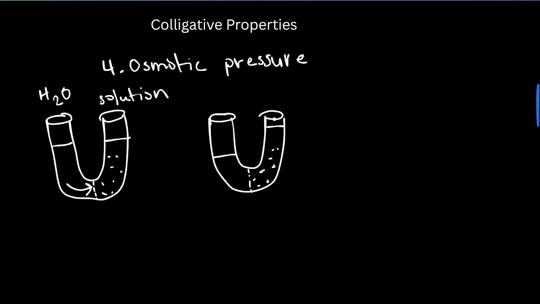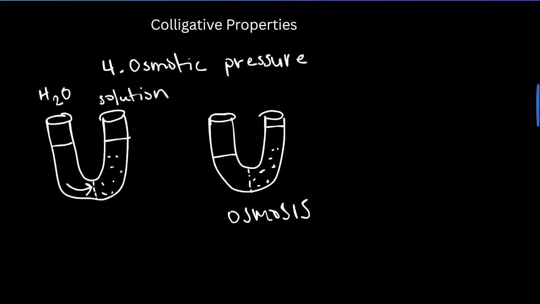Now you can see this uneven distribution. You have less of your pure water, which has diffused across the semi-permeable membrane by a process known as osmosis, and now these have reached a state of equilibrium where they're at equal concentration. That is the very concept that is occurring.